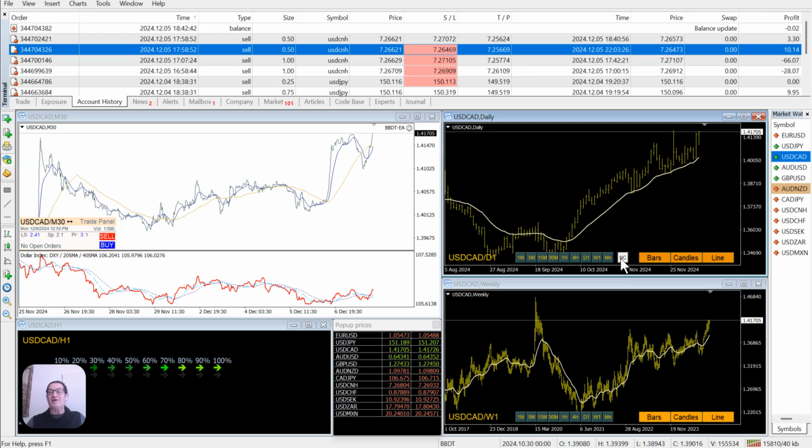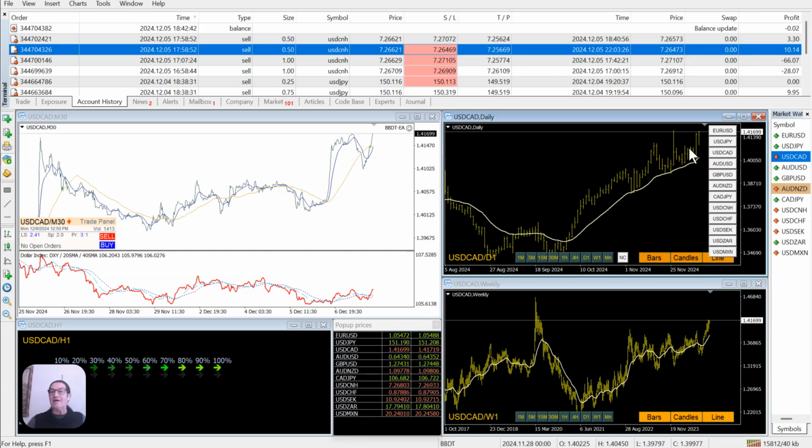I also have a button, NC, or new chart, that you can activate or deactivate. When I click on it, it lists all the currency pairs that I have in my watch list, which allows me to immediately open up a chart if I want to do some analysis on this currency pair.